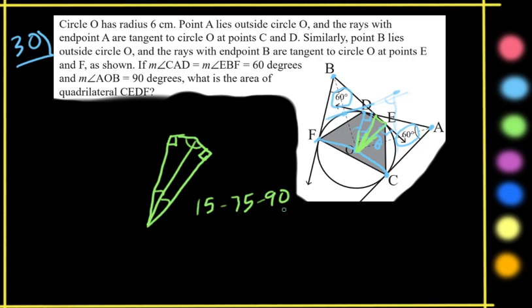Now, we've learned some special right triangles. We learned 45, 45, 90, and we've learned 30, 60, 90. And we've learned the ratio of the sides of these two special right triangles. And really that is kind of the beginning of trigonometry, the ratio of those sides.